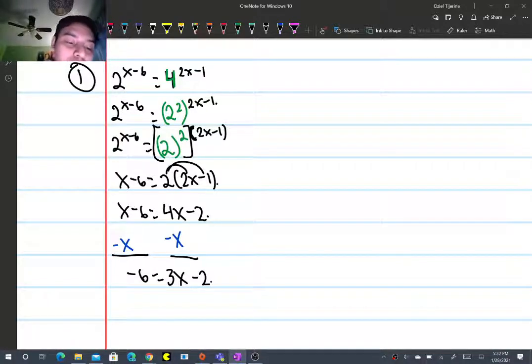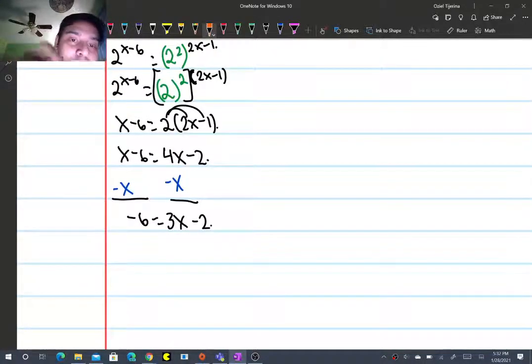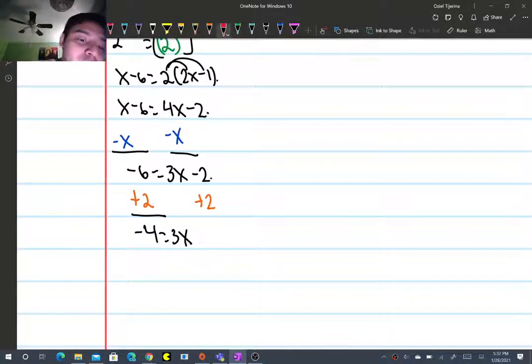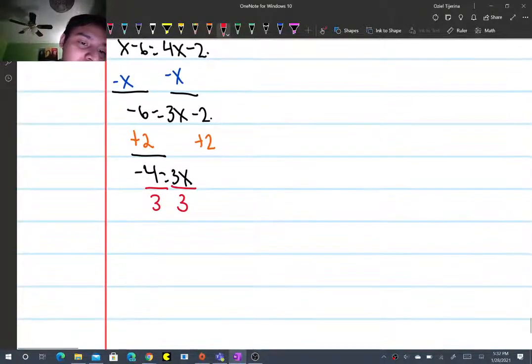And then from there, you're just going to add 2 to both sides. So that'll give you negative 4 equals 3x. And then finally, you're just going to divide by 3 on both sides. So you're going to get x equals negative 4/3.